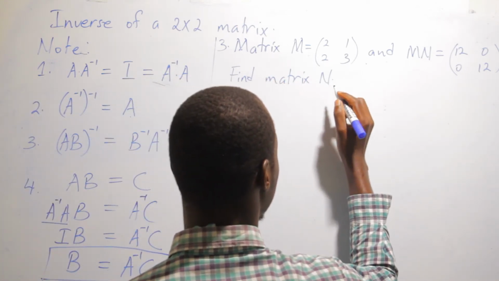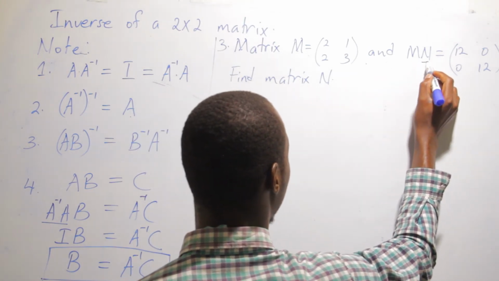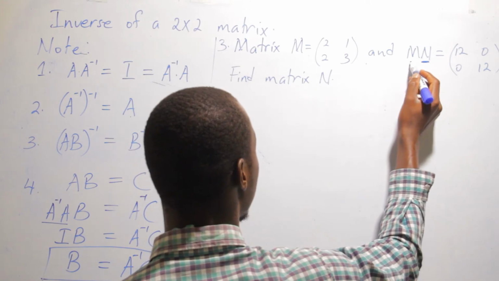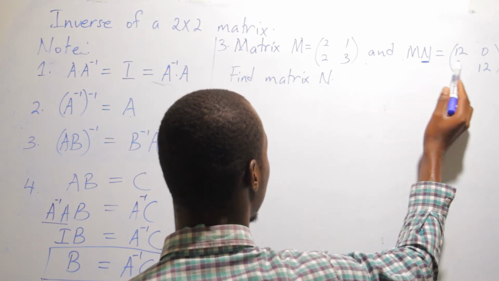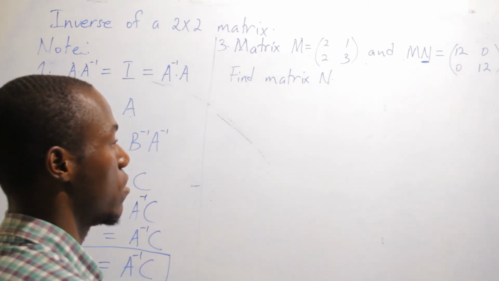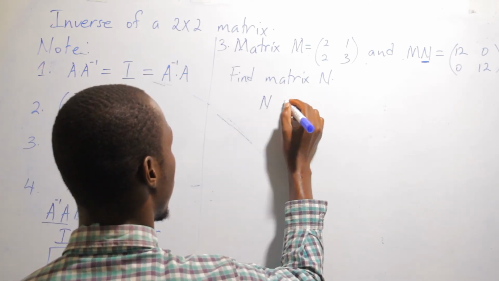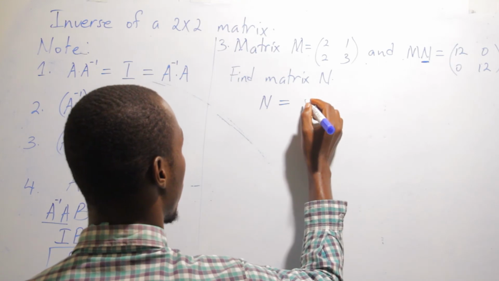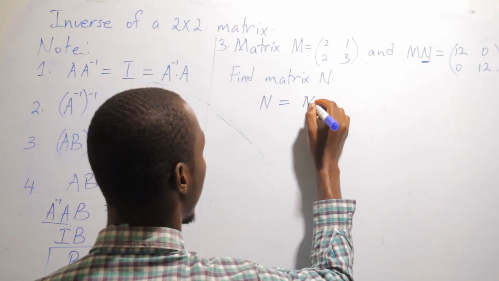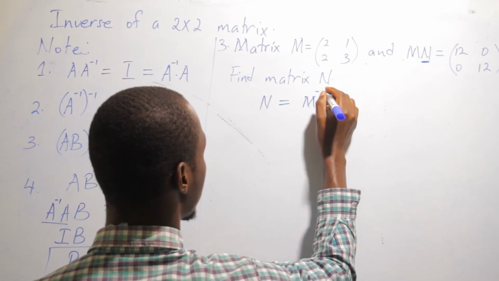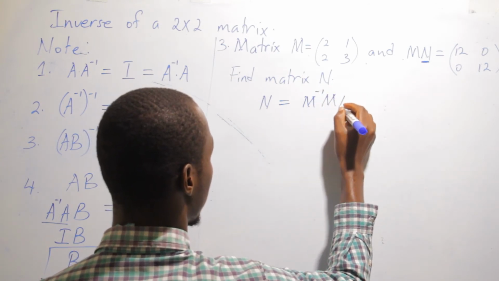So I need to get my matrix N. I've been given matrix M and the product of those two as 12, 0, 0, 12. So to get my matrix N, I'm going to multiply the M inverse times that product there.